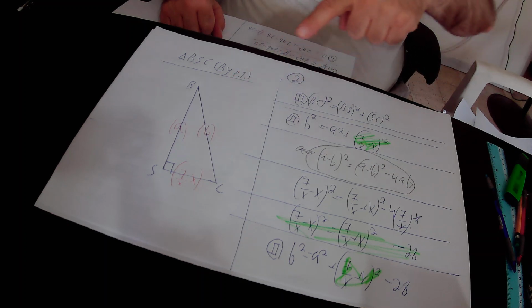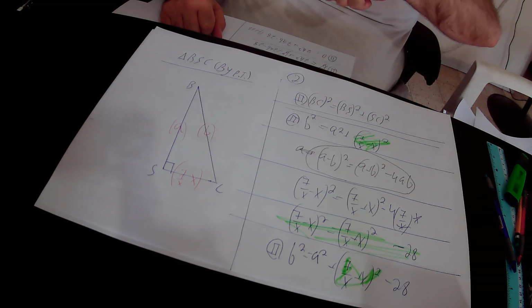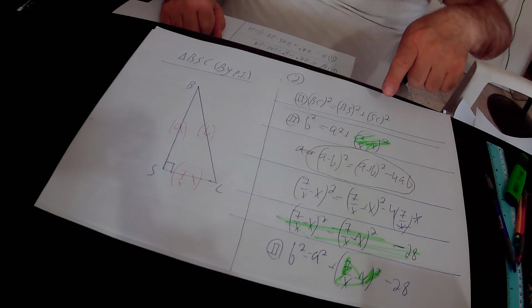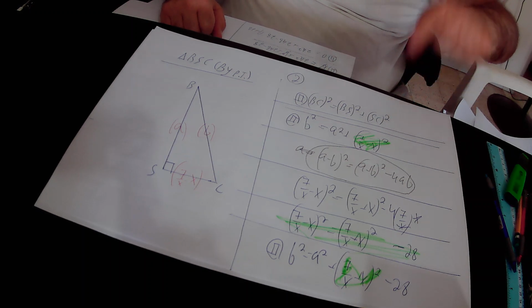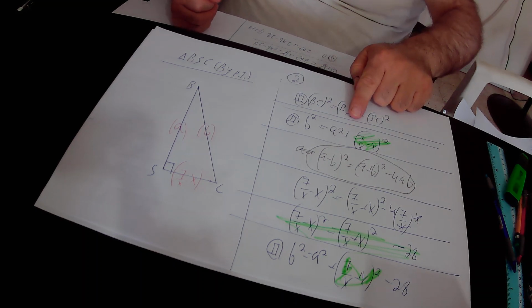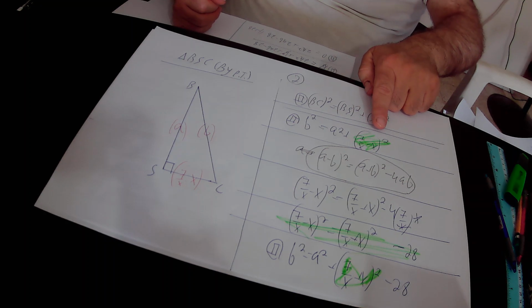BC is B, therefore BC square is B square, and it equals BS square. BS is A, therefore BS square is A square, plus SC square. SC is 7 over x minus x, therefore SC square is (7 over x minus x) square. So according to equation 2, I found that B square equals A square plus (7 over x minus x) square.